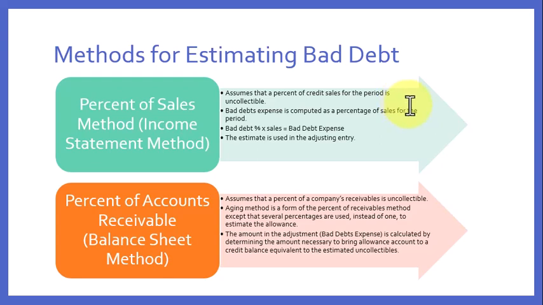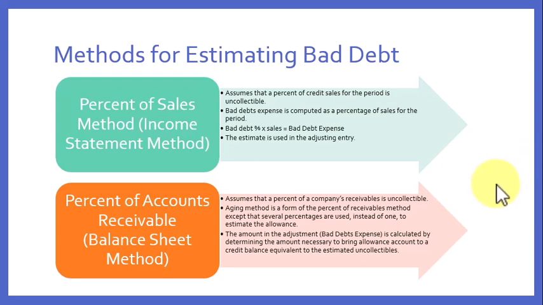All right. So when they compute bad debt expense, they would just say, 2% if that's what they came up with, times the amount of credit sales, and there's our bad debt expense. And that's the amount that we're going to record in the adjusting entry. And the adjusting entry is going to be a debit to our bad debt expense account and a credit to our allowance account, which is a contra account, similar to what we see with accumulated depreciation for fixed assets.